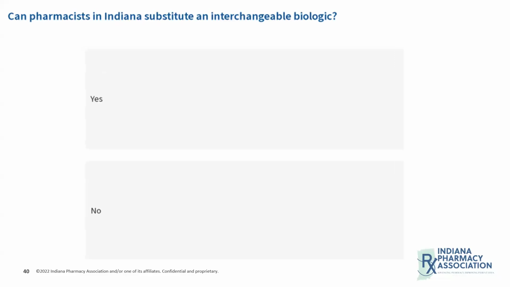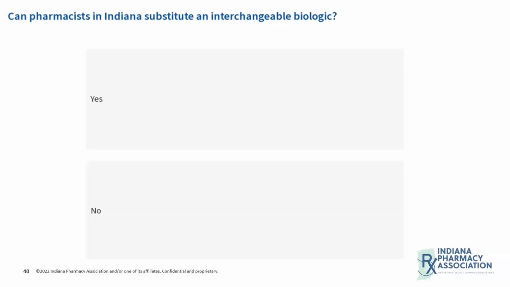Talking about Indiana, can pharmacists in Indiana substitute an interchangeable biologic? What are our thoughts here? I described what interchangeables were, but I really probably should have said interchangeable biosimilar, though I don't think interchangeable biologic is necessarily wrong either. You could probably find it both ways, but interchangeable biosimilar is how I've been referring to it pretty much this whole time.